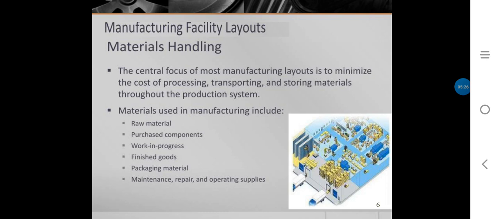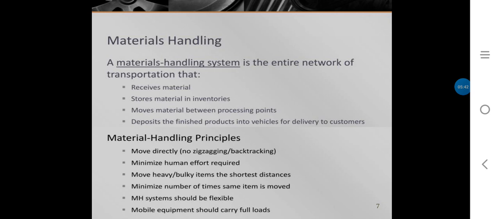Materials used in manufacturing include raw materials, purchased components, work in process (WIP), finished goods, packing material, maintenance, repair and operating supplies. A material handling system is the entire network of transportation that receives materials, stores materials in inventories, moves materials between processing points, and deposits the finished products into vehicles for delivery to the customer.